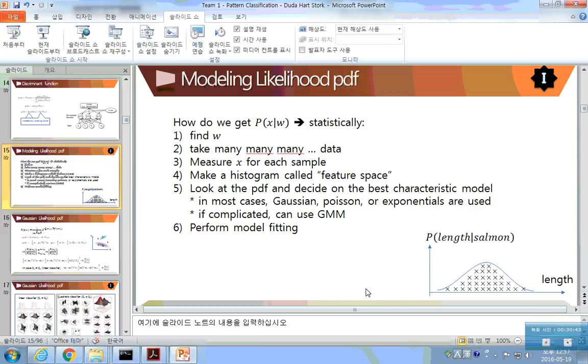Even at very far distance, there is a slight probability. This is not logical because, for example, if this is length, we can never measure a negative length. And if this is a salmon, I cannot measure a length of a salmon as 10 kilometers. But the Gaussian will tell us there is a probability that a salmon will give us a length of 10 kilometers. That is a problem, and I will show you how to fix it later on.